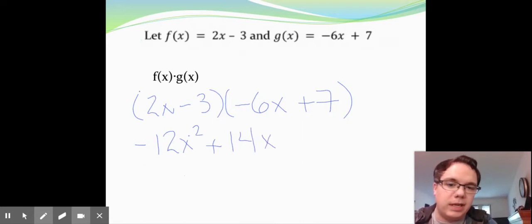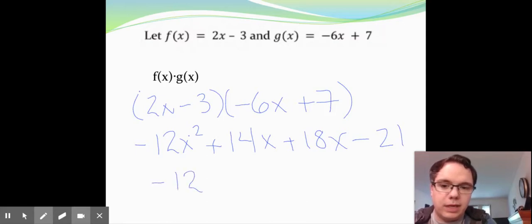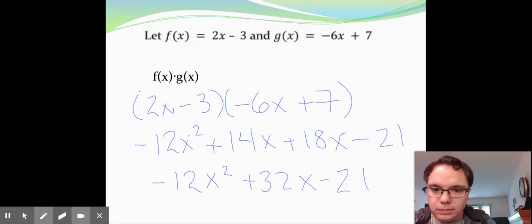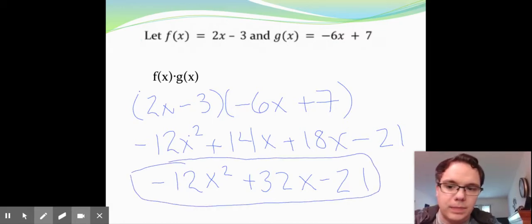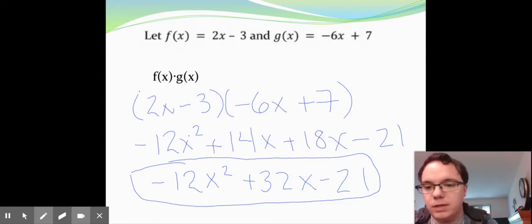Negative 3 times negative 6x is a positive 18x. And negative 3 times 7 is a negative 21. So if we combine our like terms, we get negative 12x squared plus 32x minus 21. So that's multiplying using the box or FOIL method.